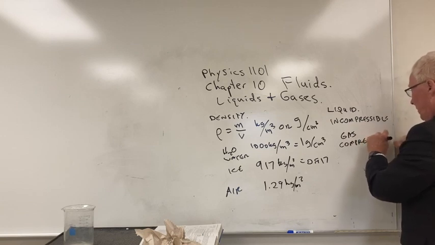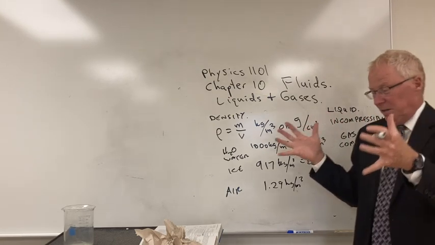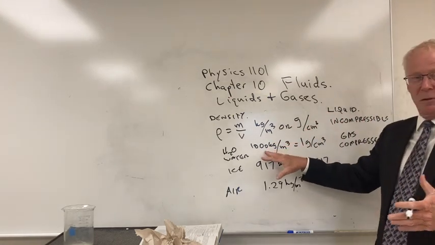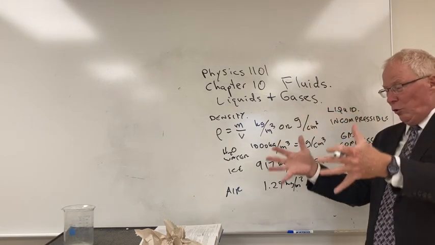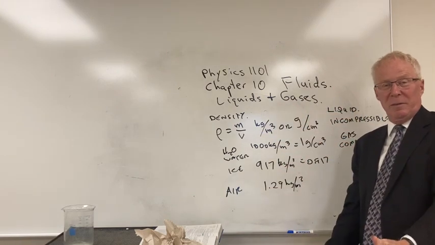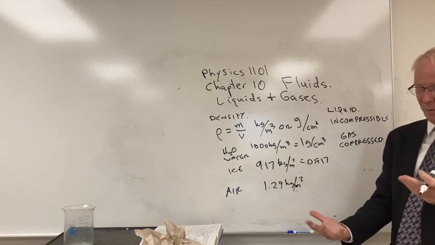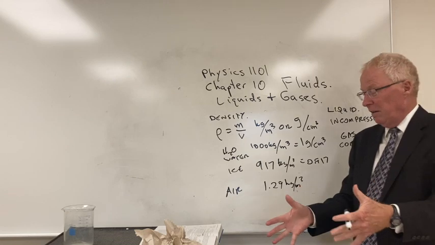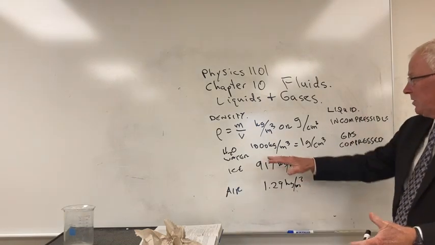And what does this mean? All right, so we take water. Density of water is approximately 1,000 kilograms per cubic meter, 1 gram per cubic centimeter. At sea level, you go down to the bottom of the Mariana Trench, which is about 36,000 feet, 6 or 7 miles. The density of the water is basically the same as it is here.